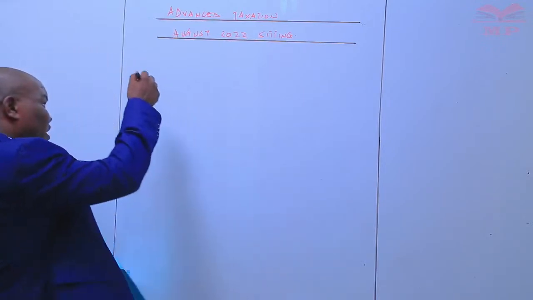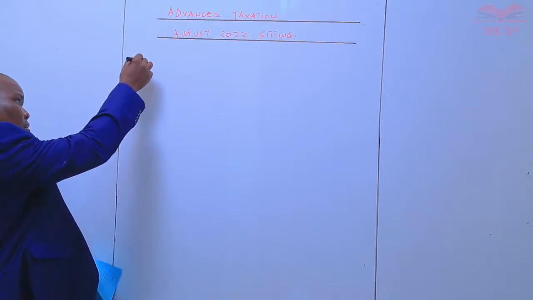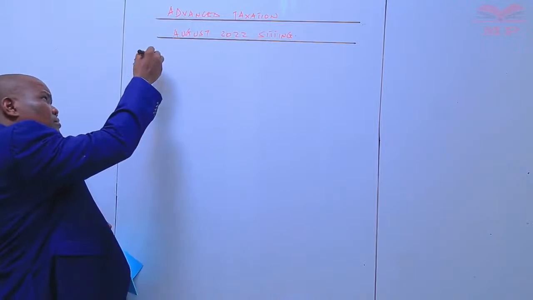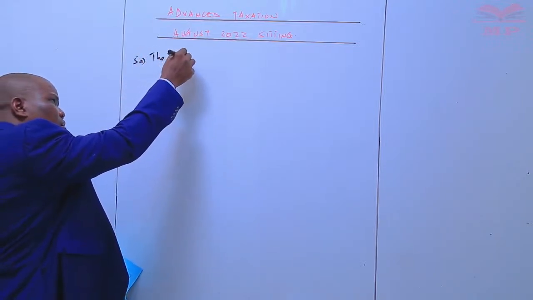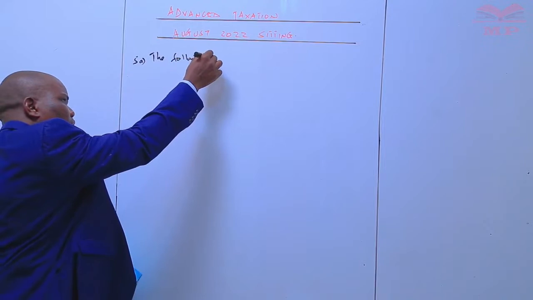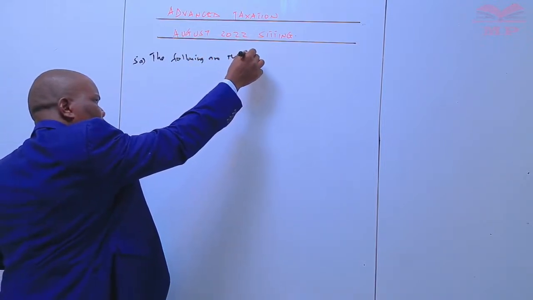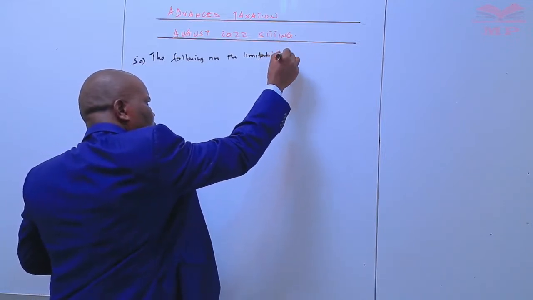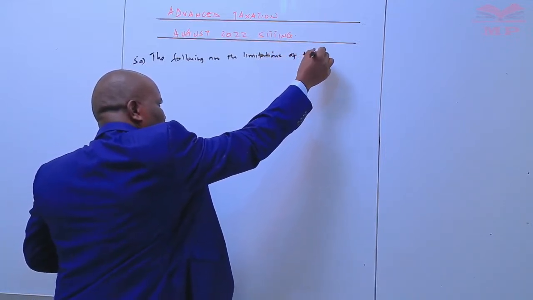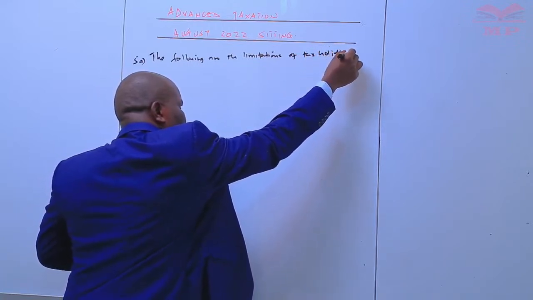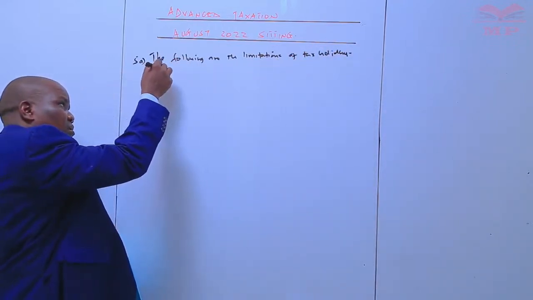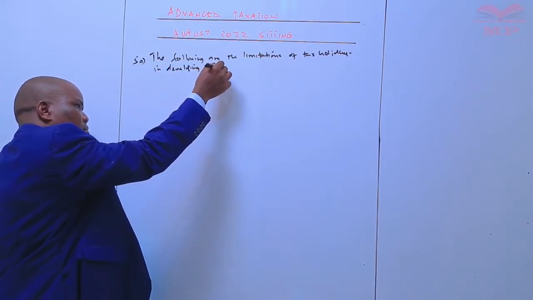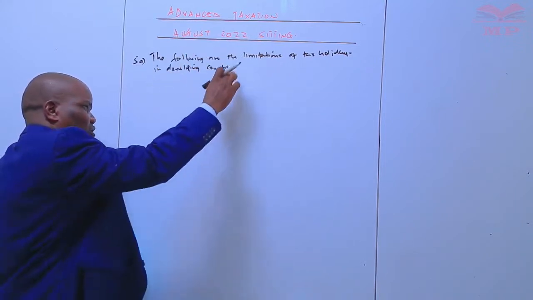So we are answering question 5, part A. So you can say, for example, the following are the limitations of tax holidays in developing countries. So that is an introductory statement.